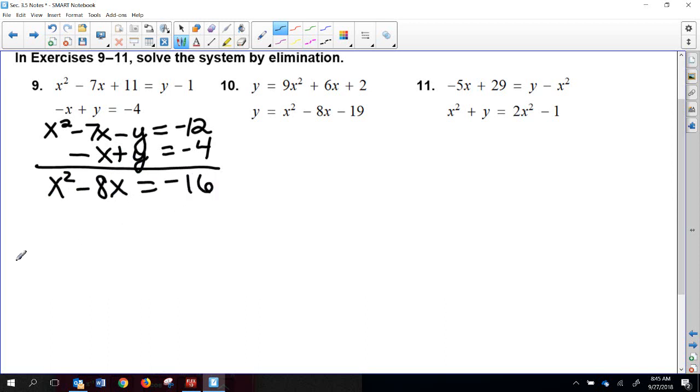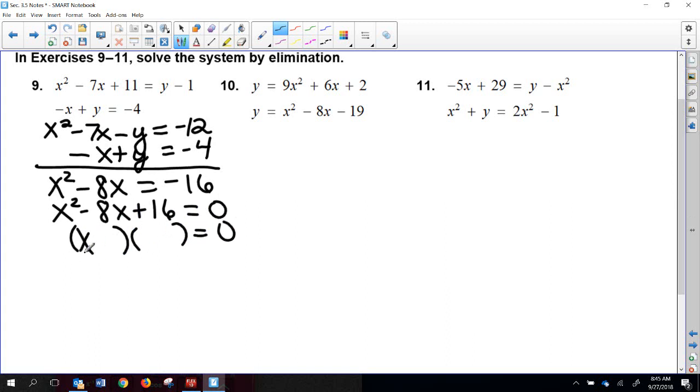I'm going to kind of think ahead about how I want to do this. I could complete the square, but what about if I brought this over? Would there be numbers that multiply to be 16 and add to be 8? Yeah, so I'm not going to complete the square, I'm going to use factoring. And so now I can go ahead and factor this.